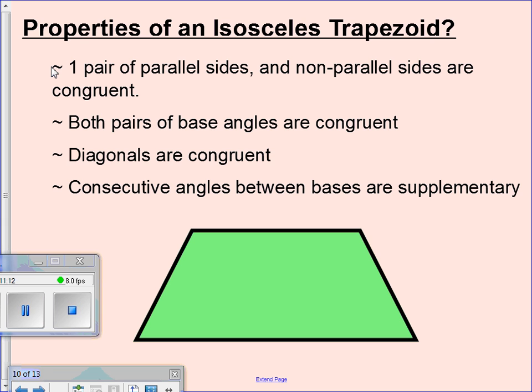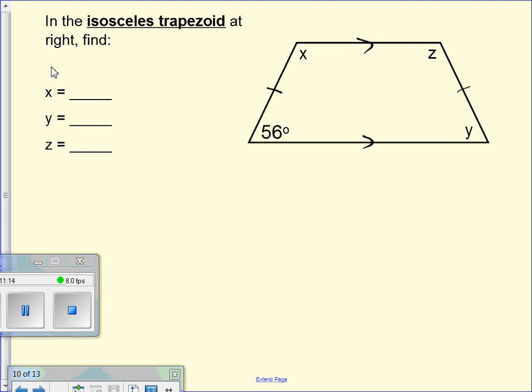All right, we're going to see that all pretty clearly in this first problem here. So, base angles are congruent. This is equal to this, is what that means. So, y is 56 degrees. The last one I revealed there, consecutive angles between bases are supplementary. That means angle x and the 56, those two are supplementary.